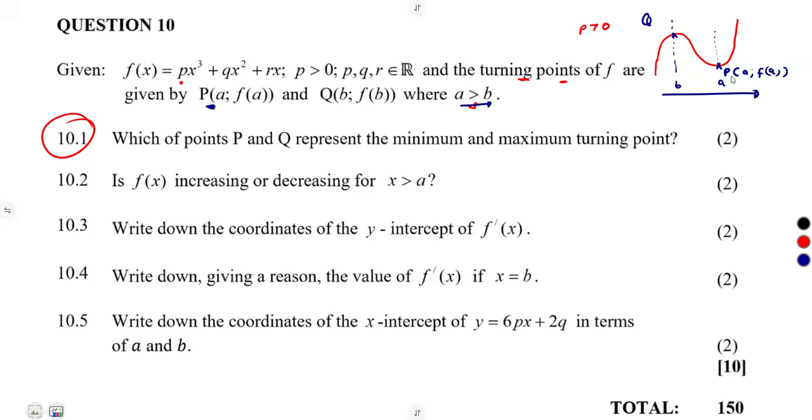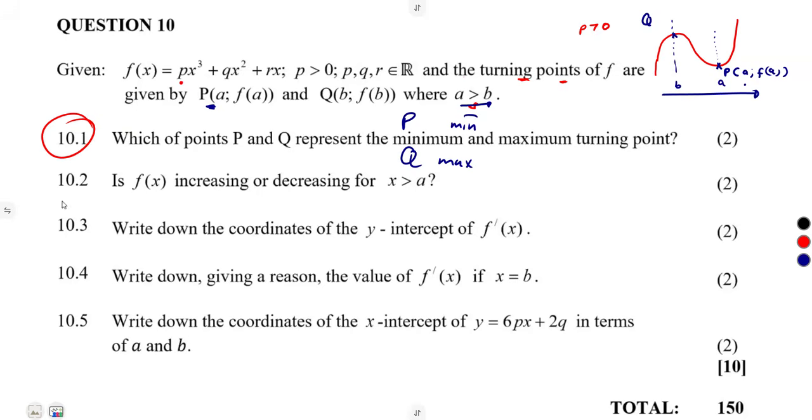The minimum turning point is P at A. Look here according to the shape. So P is our minimum turning point, and Q will represent the maximum turning point. From this understanding alone, we can tell that is what is happening.